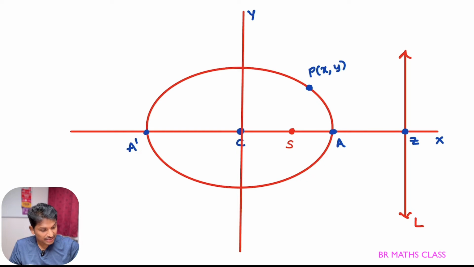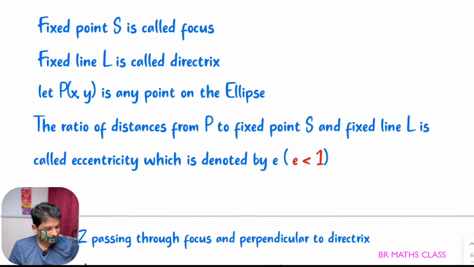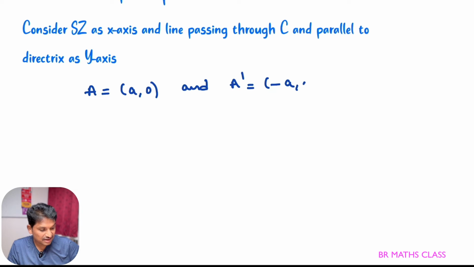Now as we have taken CA as a, what is this A? This A is (a, 0). As C is the midpoint of A A dash, CA is a, this length is also a. Then what is A dash? A dash is on the left side of the origin, A dash is (-a, 0).